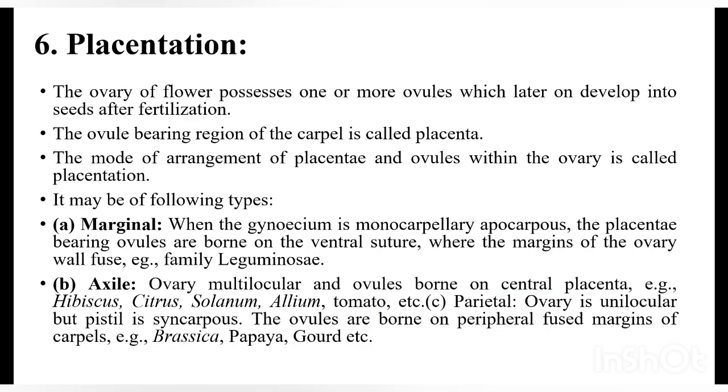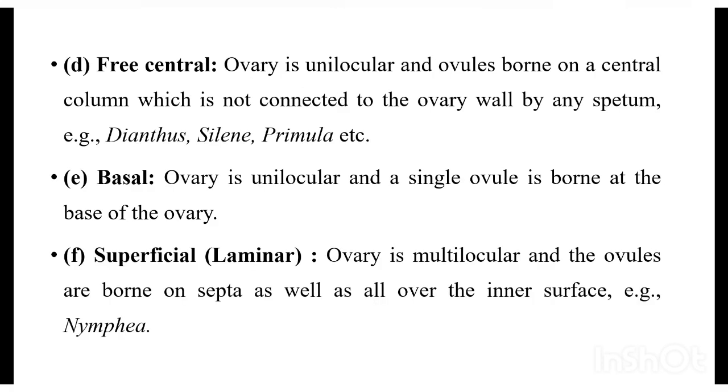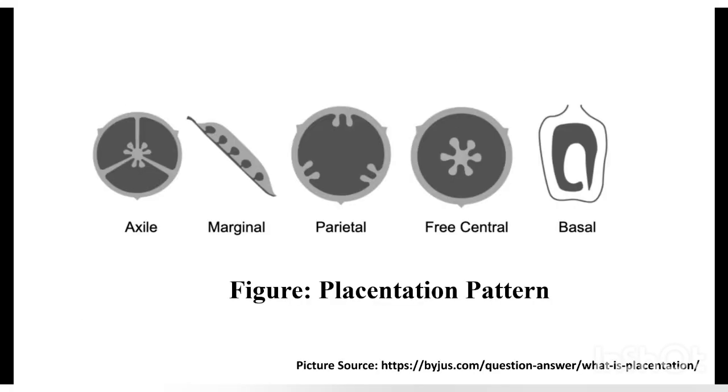Then what is placentation? Placentation means the ovary of a flower possesses many ovules. The ovule bearing region of the carpel is called placenta and the arrangement of the ovules is called placentation. It may be marginal, axial, parietal, sometimes basal, then superficial. It is marginal where the ovules are attached to the margin, present in Pisum sativum or pea plants.